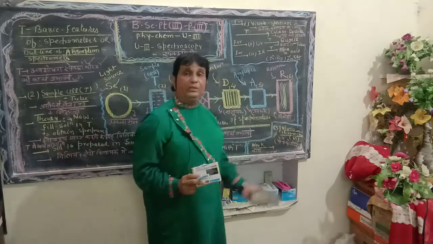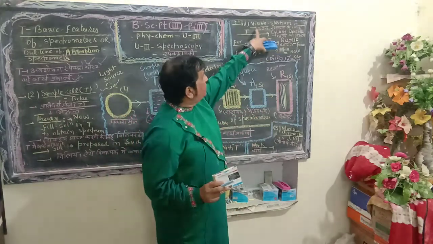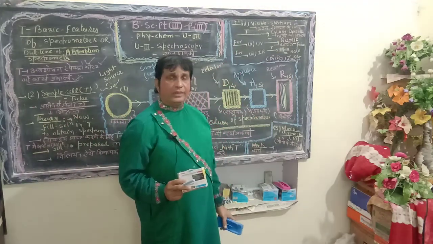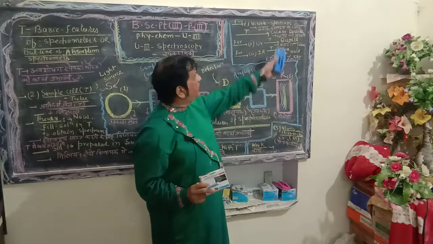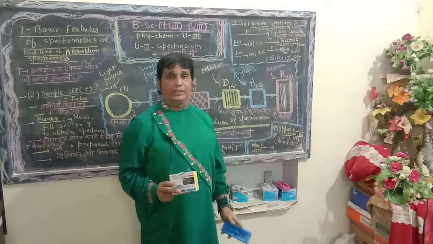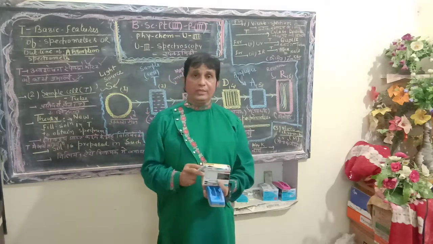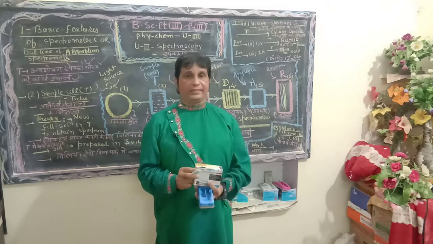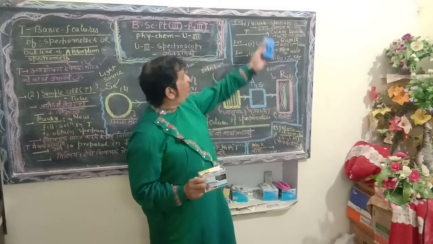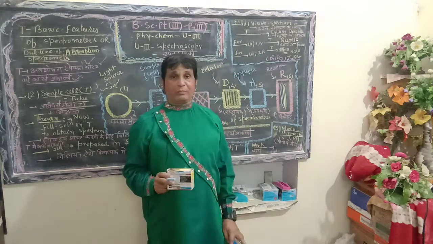Suppose we want to produce a visible spectrum. Dear students, a glass device will be used. The whole sample cell T will be made of glass for the production of the visible spectrum.